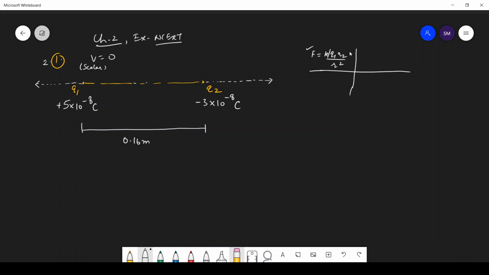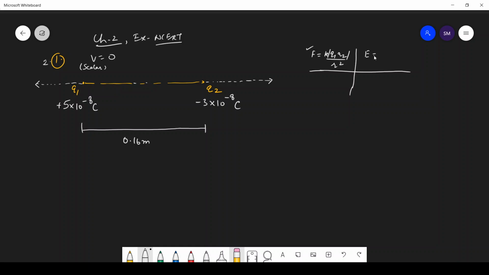So that is why we put the modulus sign over there. So when I'm finding the magnitude of force, I'm not concerned with the sign of the charges, negative or positive. I'm only concerned with the product of the charges. So don't put negative, positive here. Just find the force and then tell the direction.